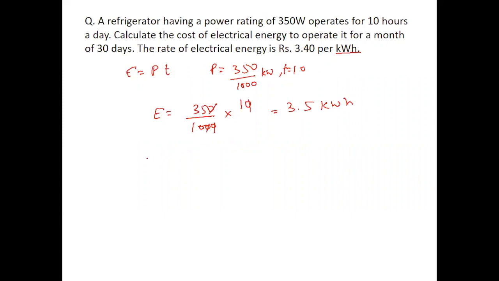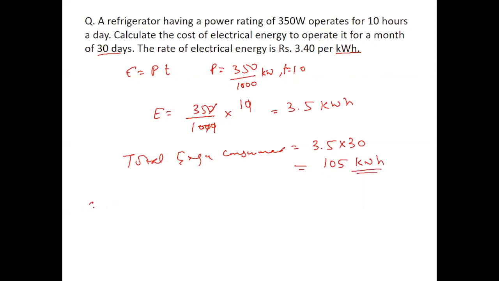Then total energy consumed is 3.5 into 30 days. So it's 105 kilowatt hour.